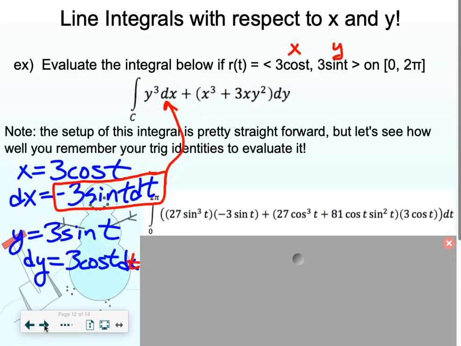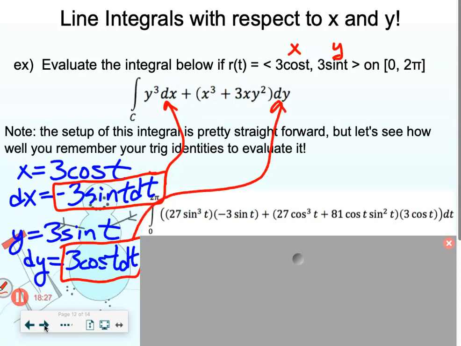Ugh. That's what was throwing me off, why did I have that dx there? Okay, 3 cosine t dt. So then I take this and replace that in for my dy.